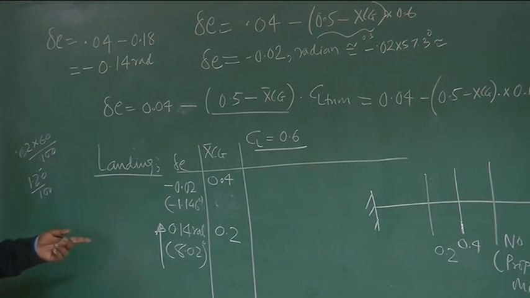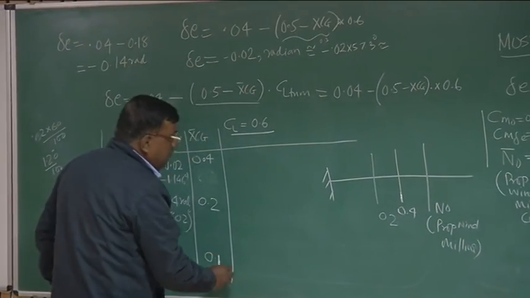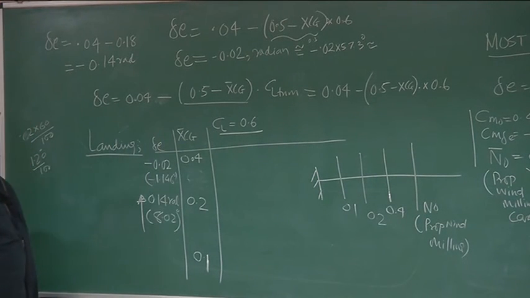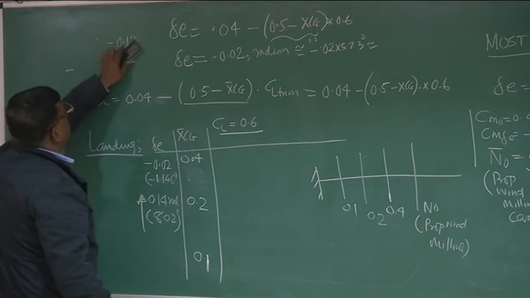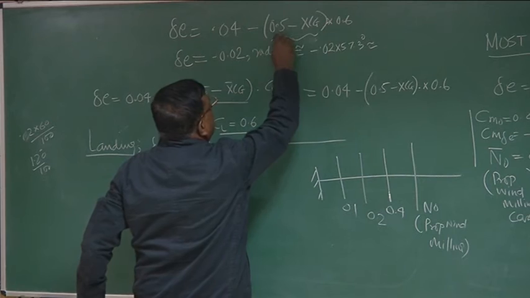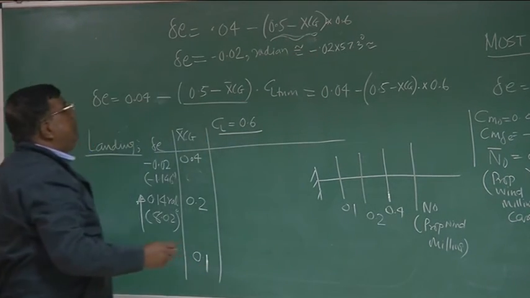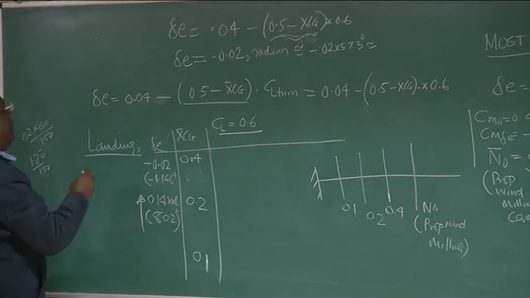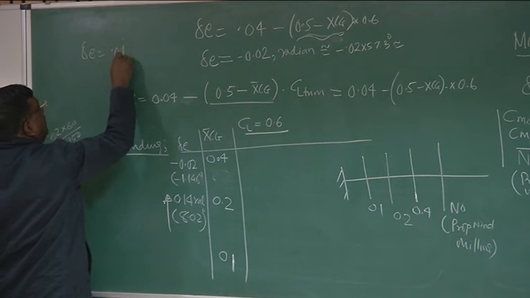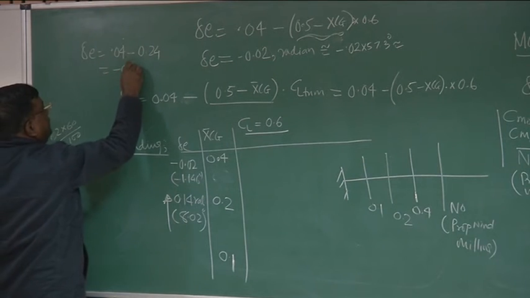Now if I take xCg at 0.1, what will happen? Again, if I calculate by this expression, xCg is 0.1, so this difference is 0.4. 0.4 into 0.6 is 0.24, minus 0.24 plus 0.04, so delta E required will be minus 0.20.